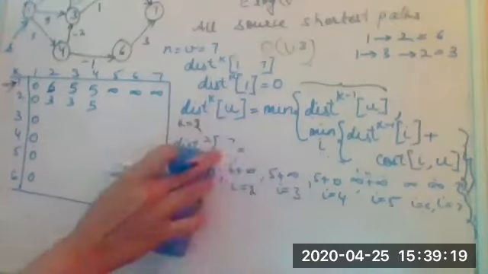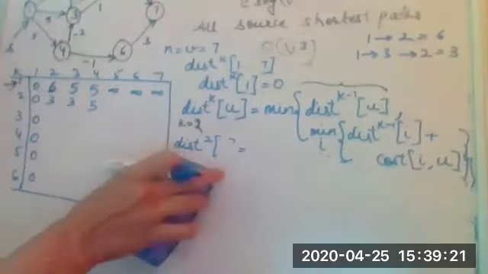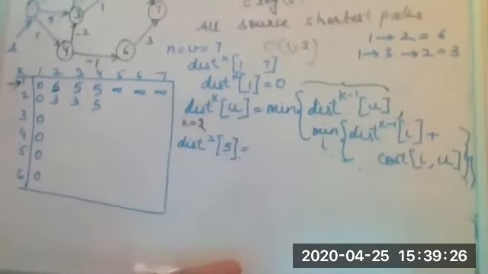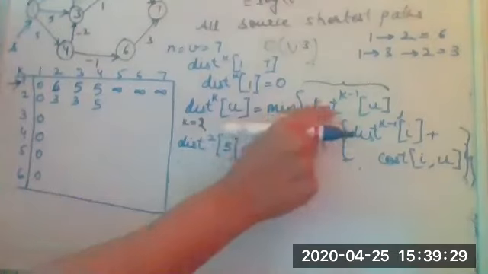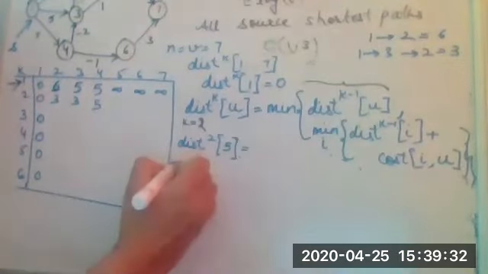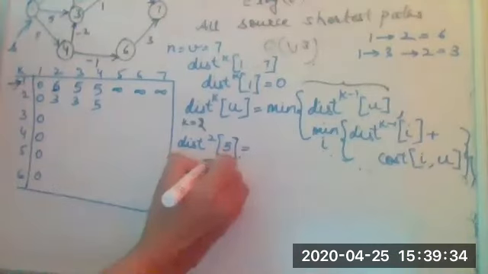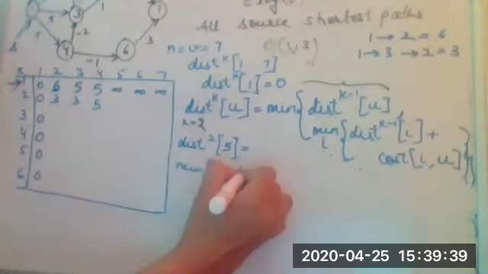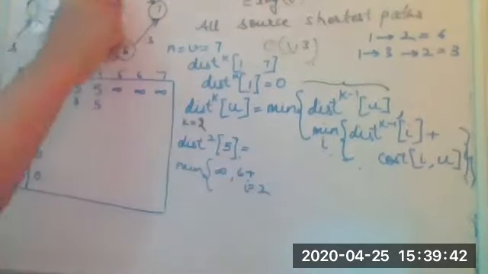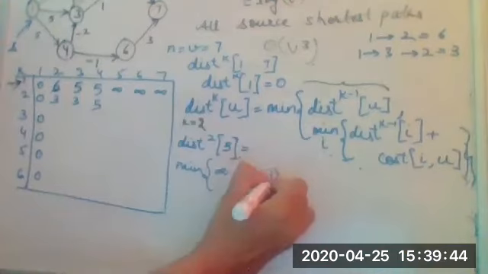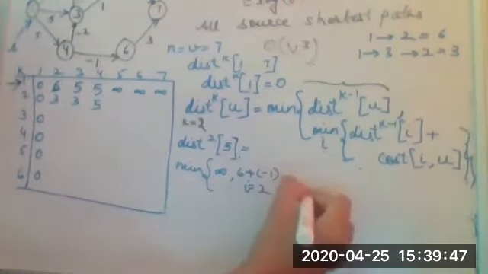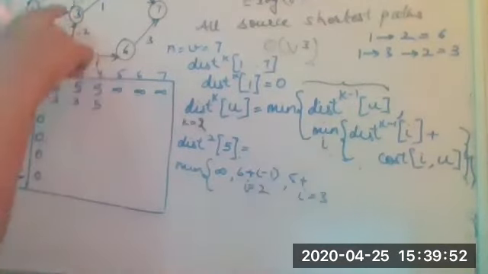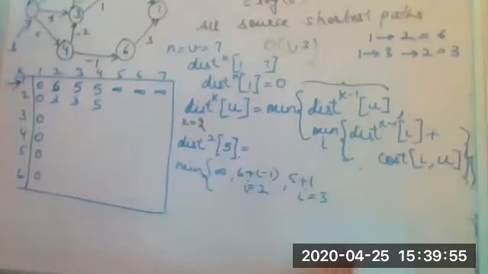Now moving on to the value of 5. For the fifth vertex, the minimum path from source is equal to the minimum of: the distance of 1 to 5, which was earlier given as infinite. Now I is equal to 2, it is 6, and from 2 to 5 there is a path, that is minus 1. I equal to 3, the earlier value was 5, and from 3 to 5 there is a path.